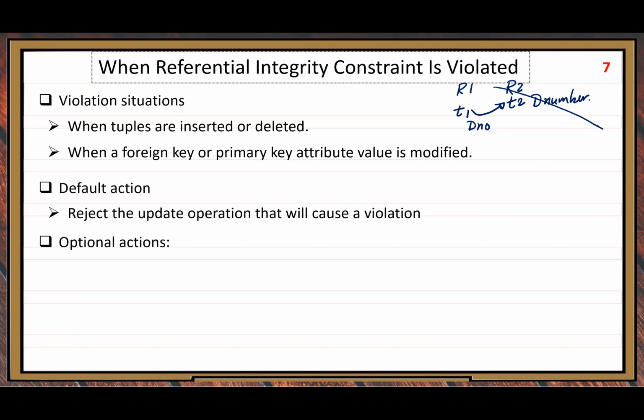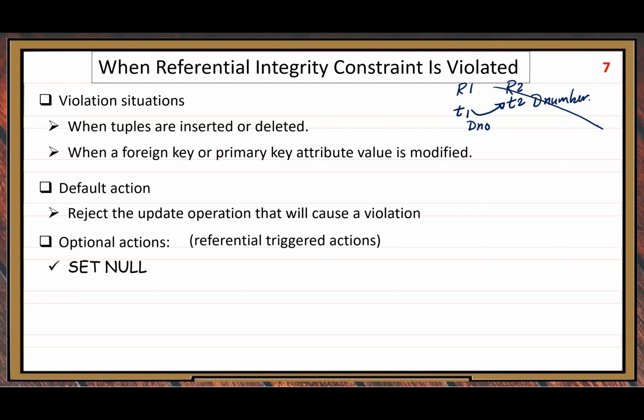Optional actions. You can tell the DBMS to take the following options when a referential integrity constraint violation is detected. The first ones we call the referential triggered actions. Someone needs to declare it, to tell the DBMS to do it. The first one, set null value.